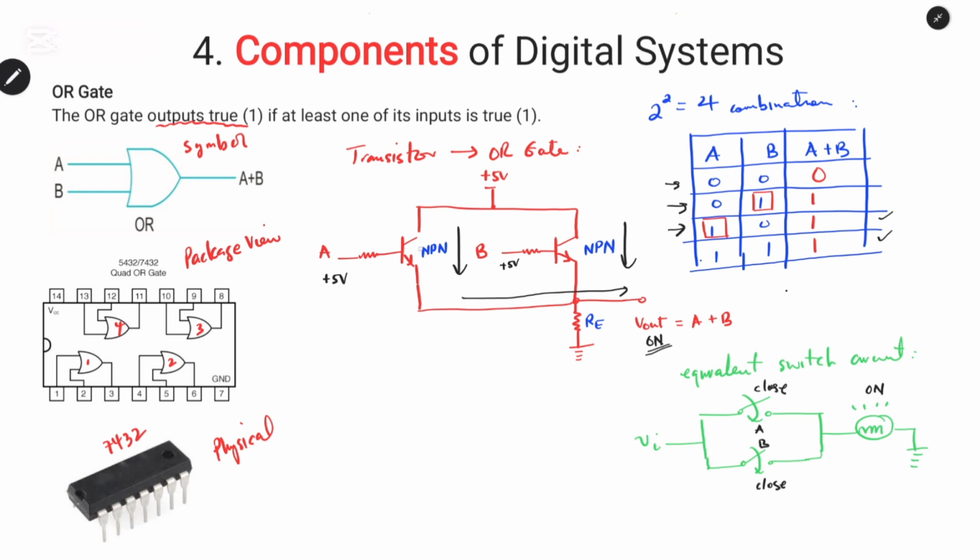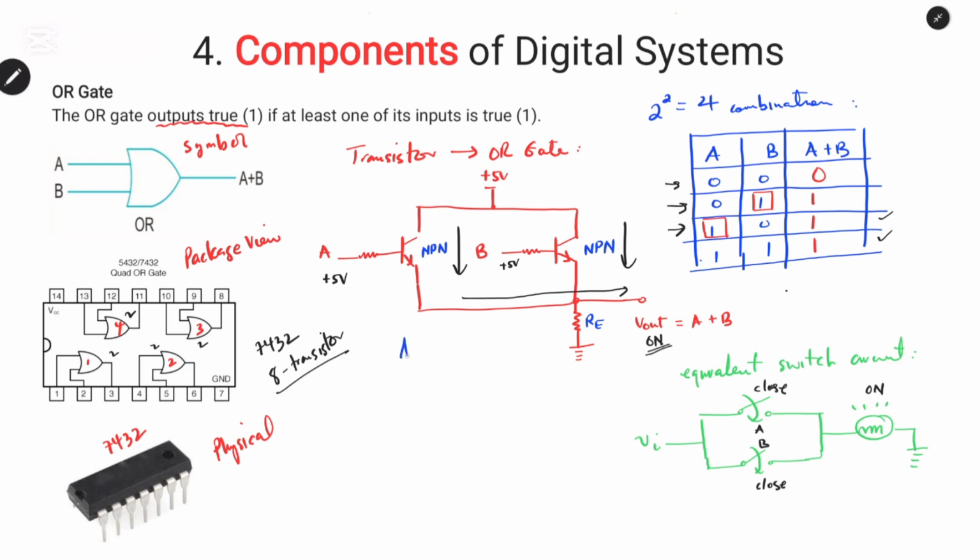So imagine if you want to see how many transistors build up this 7432 package, we have 2, 2, 2, 2. So a total of 8 transistors that make up the OR gate. So I hope you can now understand what an OR gate is.